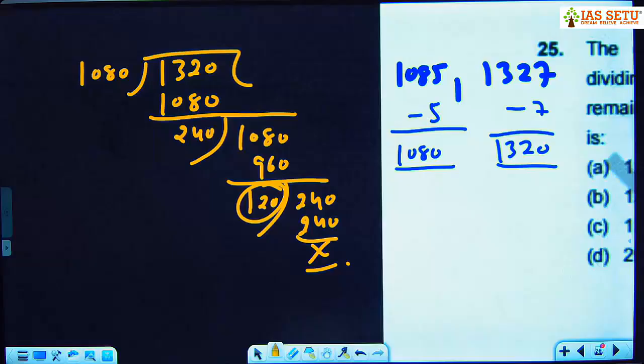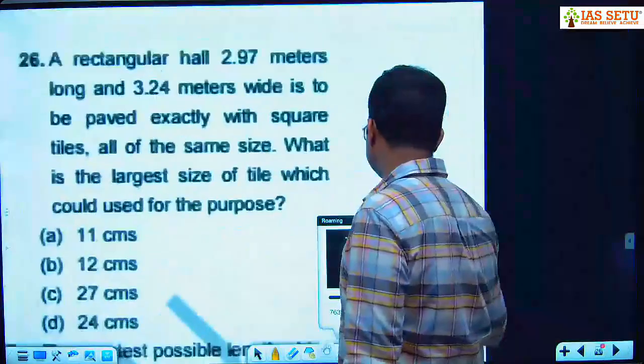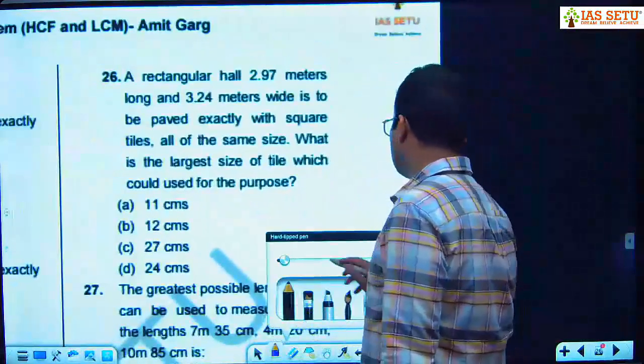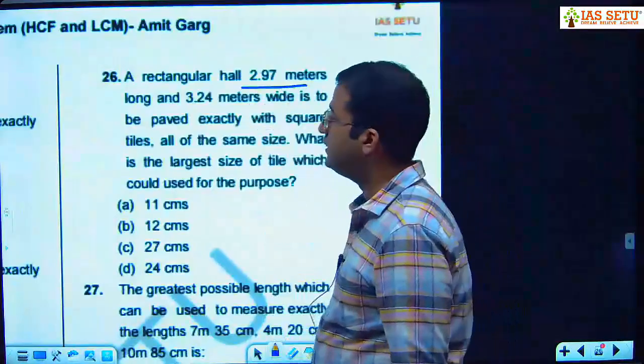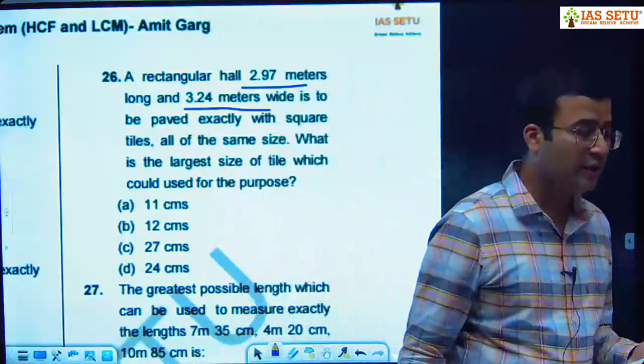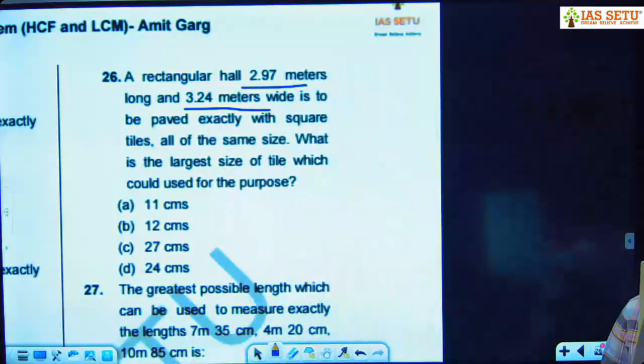Like next question, I will clear. Like question number 26 here. A rectangular hall 2.97 meter long and 3.24 meter wide is to be paved exactly with square tiles, all of the same size.